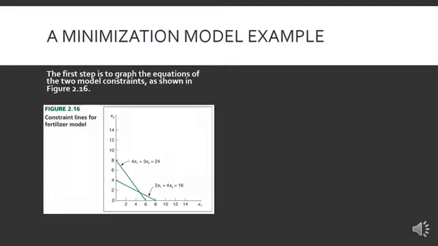So, the first step is to graph the equations of the two model constraints as shown in figure 2.16. Kung kukomputin nyo yung line 1 at saka line 2, para dun sa tinatawag nating material constraint, yung nitrogen at saka phosphate constraints, makukuha nyo ganyan kung i-graph nyo siya. Okay, so ganyan ang itsura niya. Parehas din.